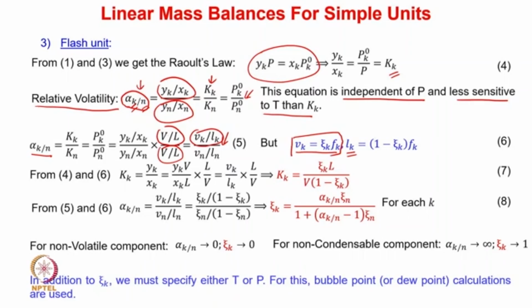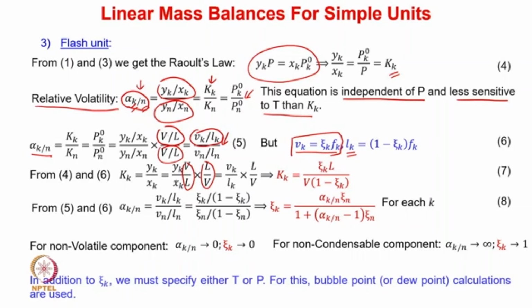So now from equation 4, this is the equation we have obtained. yk by xk is given as Kk, isn't it? Now yk by xk we can multiply and divide by this V by L, so V by L into L by V. These two factors are going to get cancelled out with each other. It doesn't matter, isn't it? So we are multiplying and dividing the same factor here.